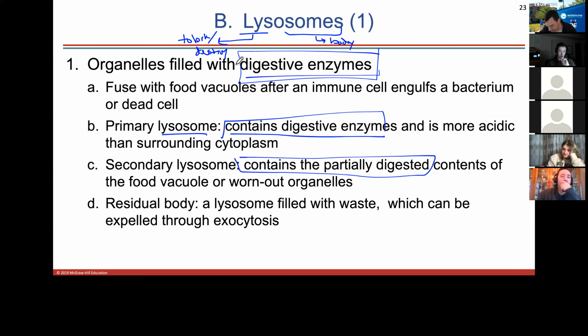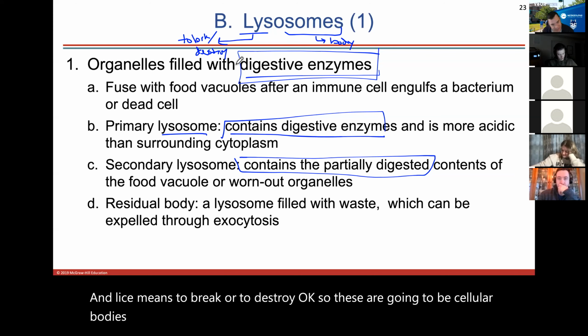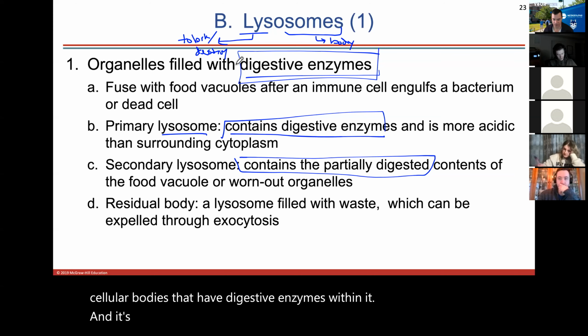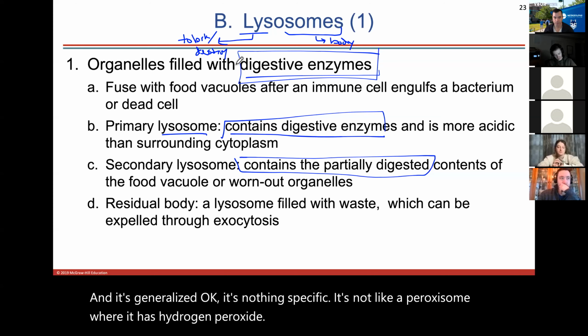Lysosome, so means body, and lyse means to break or to destroy. So these are going to be cellular bodies that have digestive enzymes within it, and it's generalized. It's nothing specific. It's not like a peroxisome where it has hydrogen peroxide, peroxidases, if you will.